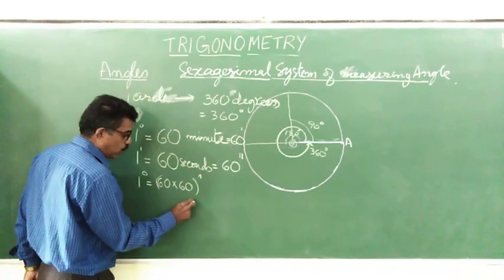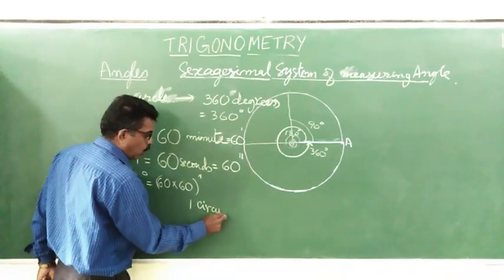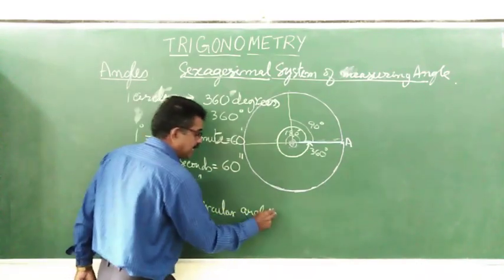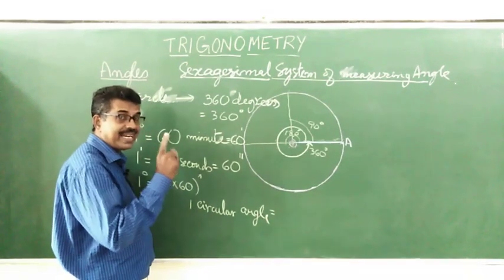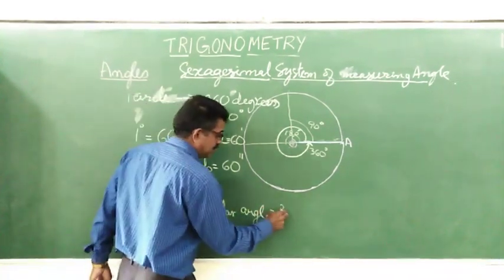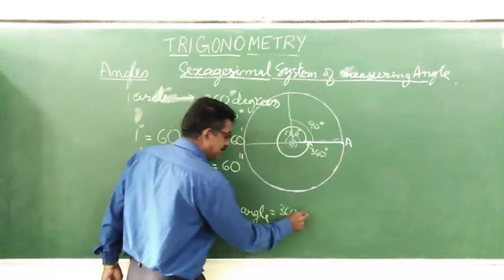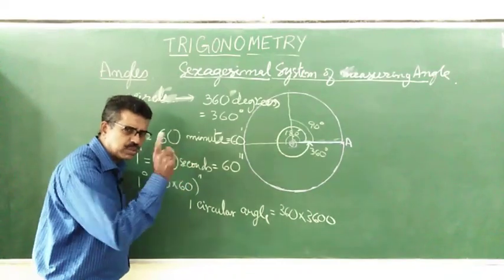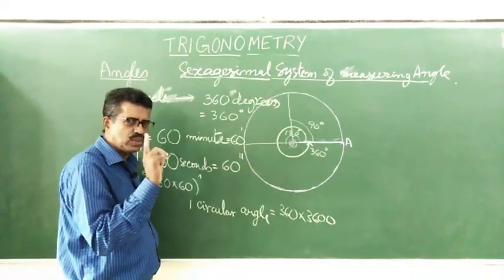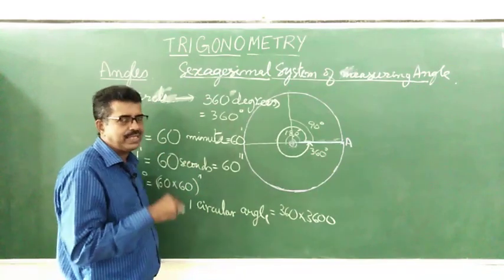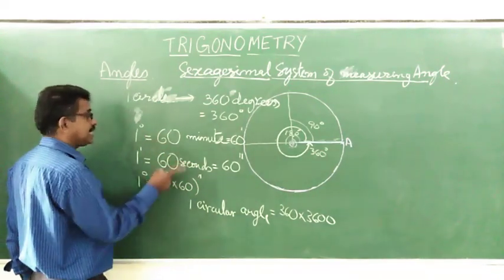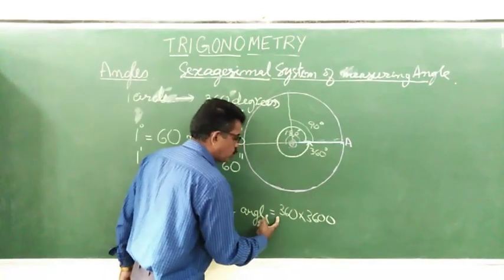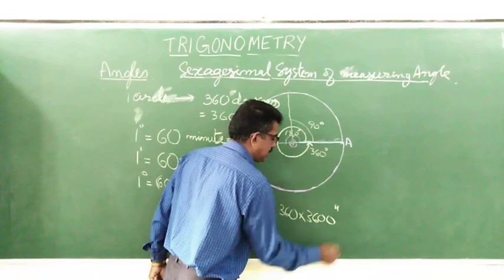In the same way, one circle, one circular angle, the whole angle of the circle, is divided into how many seconds? It is 360 degrees into 3600, which I told you. Therefore it is totally 360 into 3600 seconds.